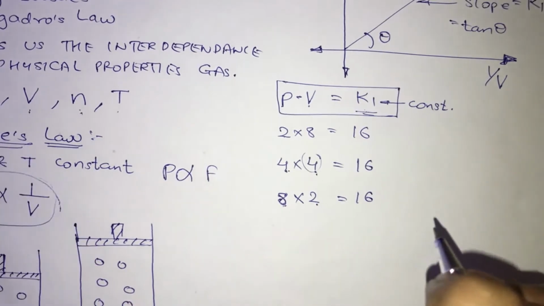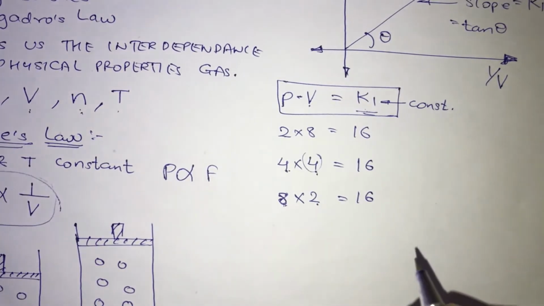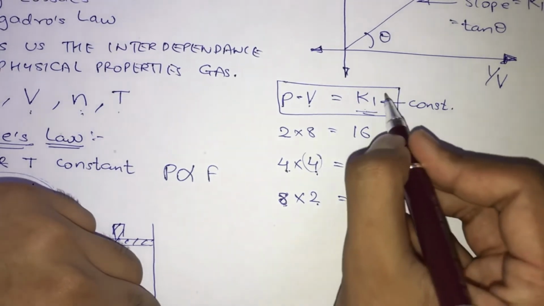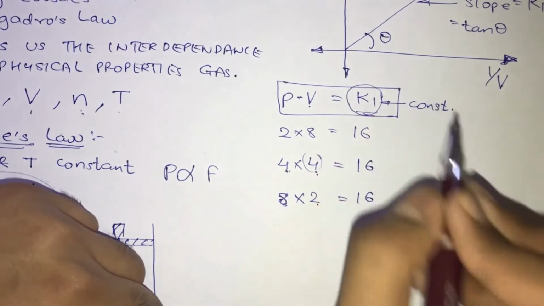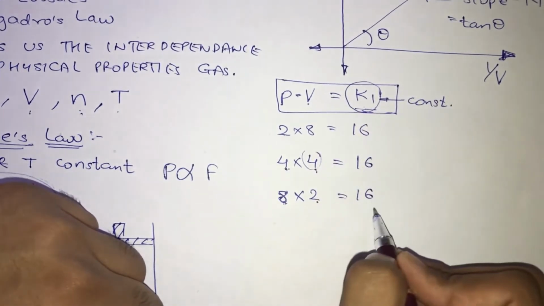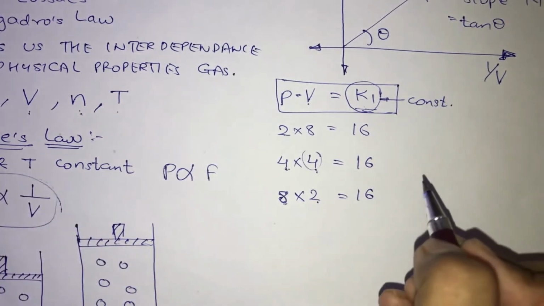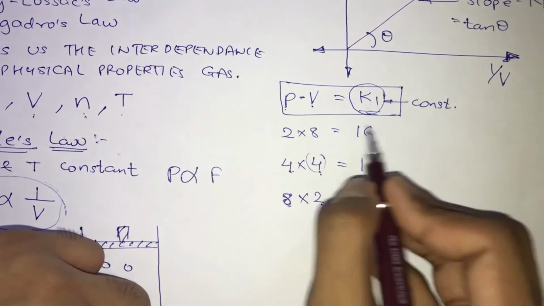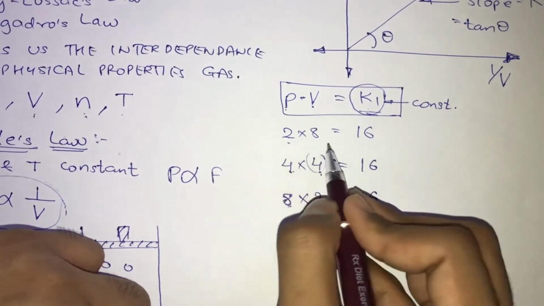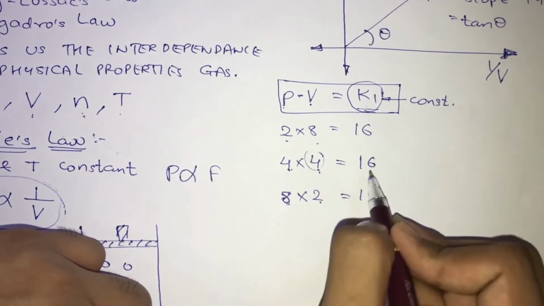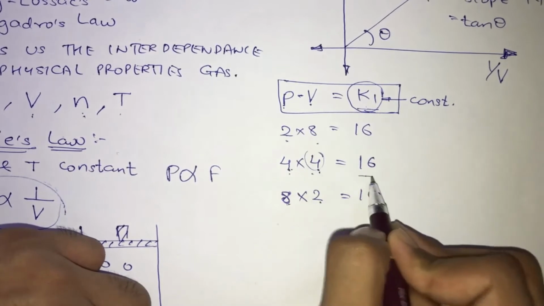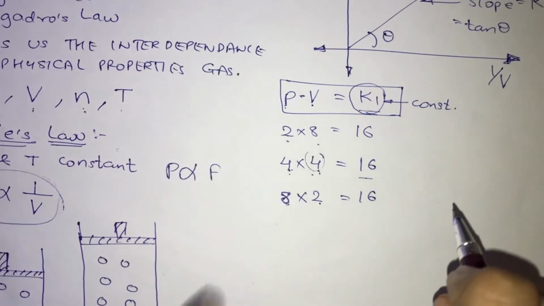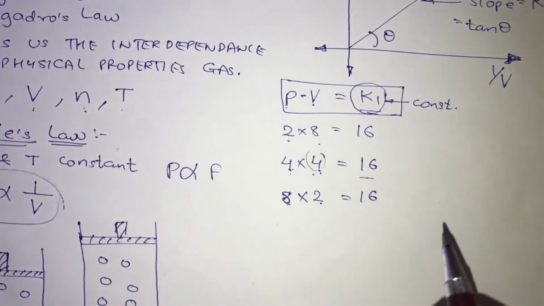So now what I want you all to observe over here is that the value of this constant K1 remains the same. So can I say that the multiplication of pressure into volume remains the same? This is what I want you all to observe over here.